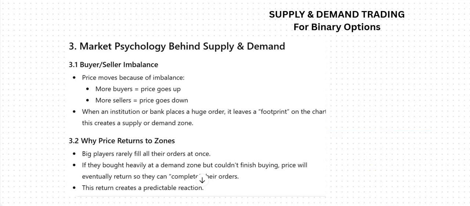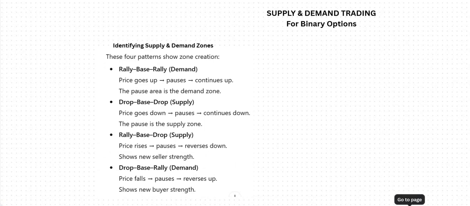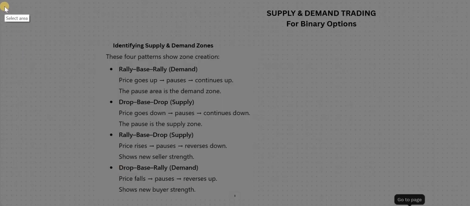So knowing the psychology behind demand and supply, let's go further into how to identify demand and supply in our charts. Now, there are patterns to the creation of demand and supply zones. We have the rally, the base, and the rally.